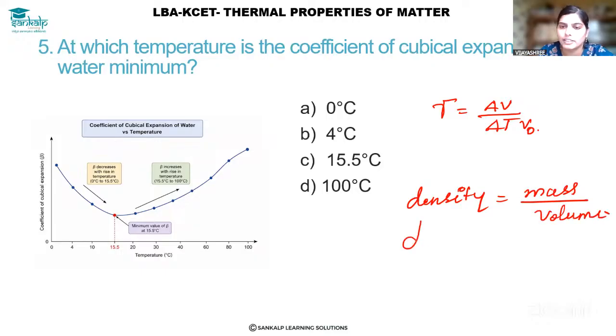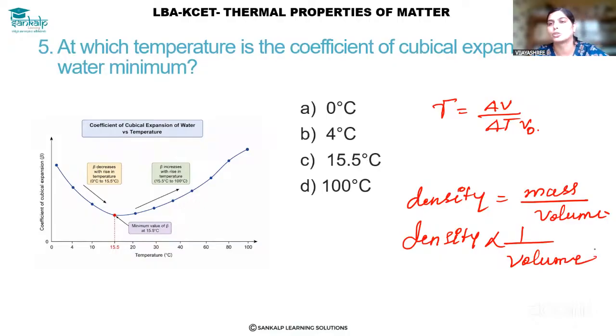That means density is inversely proportional to volume. That means volume is more, density is less. Volume is more, density is less, density gets decreased. This is the main concept.